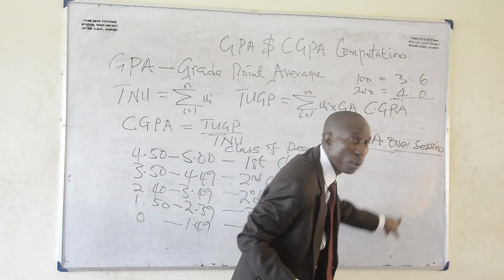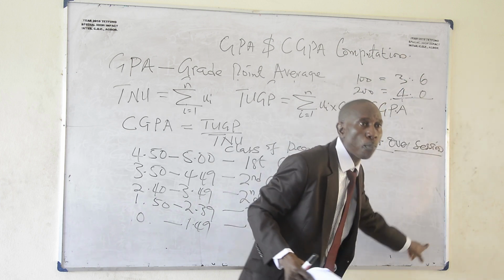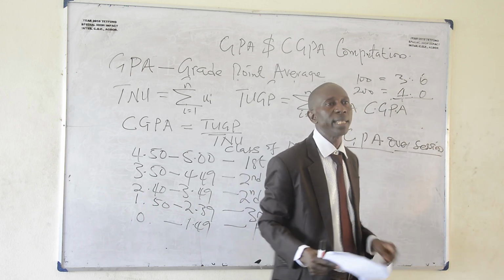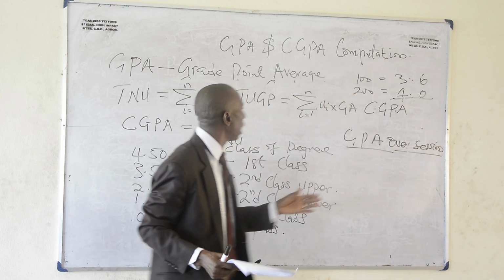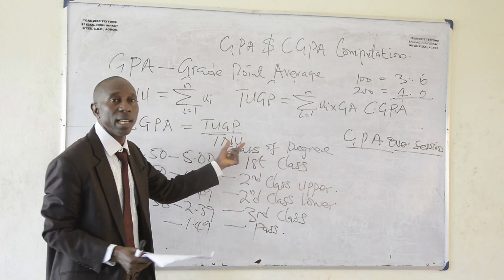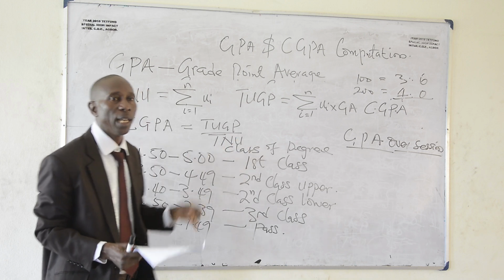You sum up, and then you sum up, and then you divide this by what? By this. That is your total unit grade point, divided by the total load units.